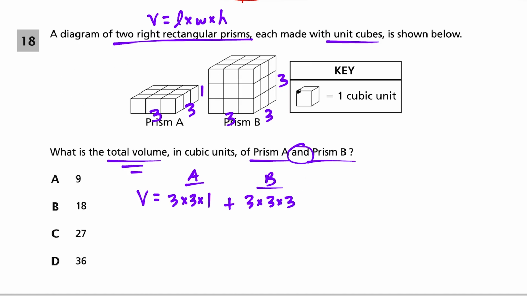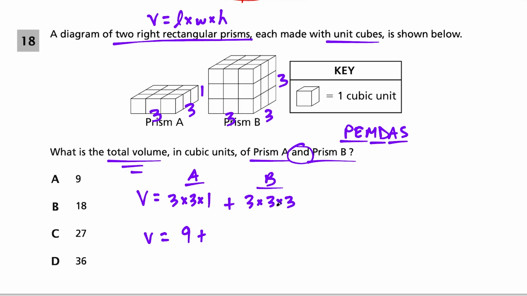Now, just remember your order of operations, okay? PEMDAS. Please Excuse My Dear Aunt Sally, but this tells you to do parentheses, exponents first, then we do multiplication, division, and then we do addition, subtraction. So the fact that we have multiplication and addition, we're going to do the multiplication first. So we have 3 times 3 is 9, and then times 1 is 9.